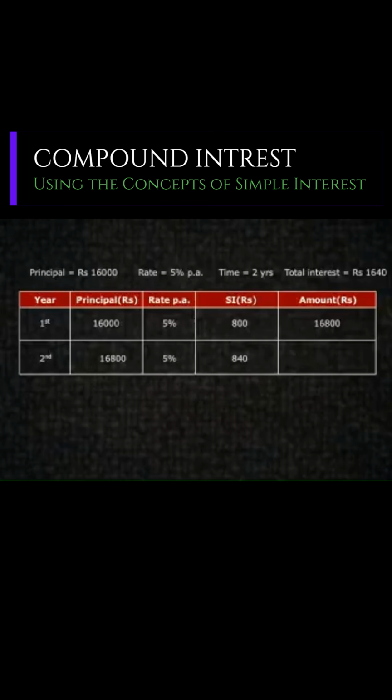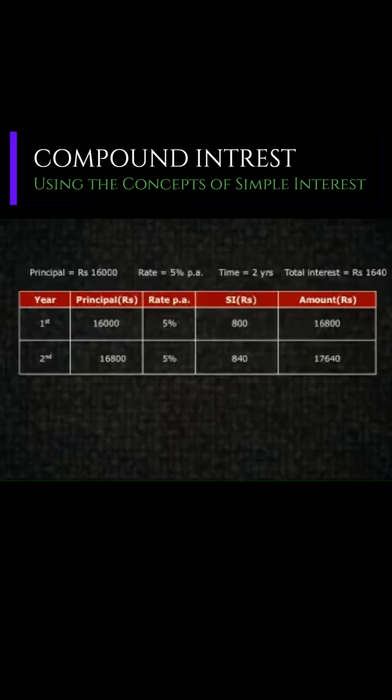Remember, the principal was 16,000 and the interest 1,640. Add the two and you get 17,640, which is the amount I'll have to pay. So I paid an interest of 1,640.